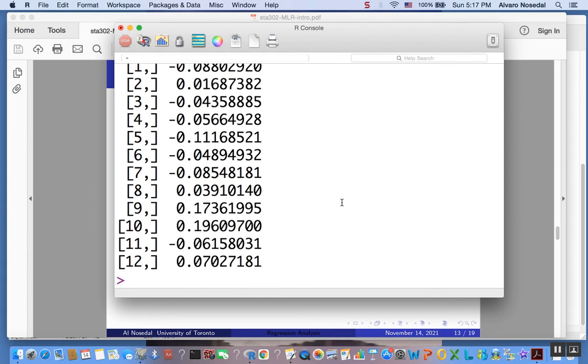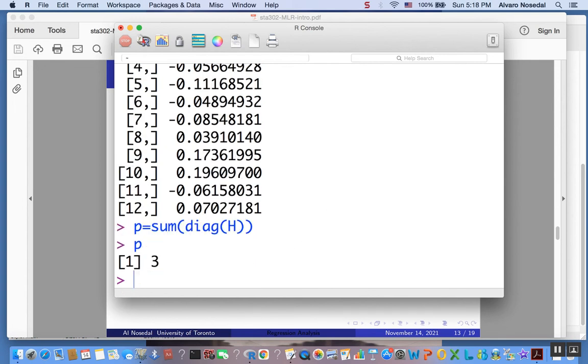So before, when we were talking about simple linear regression, the sum of the leverages was 2. So if the theory checks out, in this case the sum of the leverages should be 3. So let me call that guy just p, as in the number of parameters of the beta vector. So the sum of the diagonal elements of H. Let's see. p is 3, so the theory is not lying.